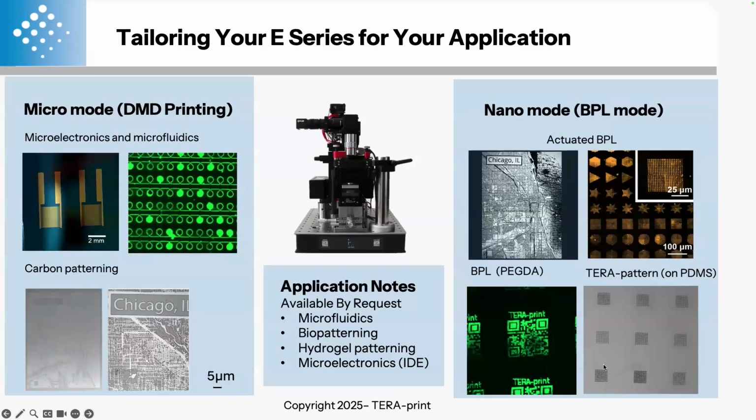For this image, I'm just showing you a general overview of all the patterns that this instrument is capable of creating. For macro mode, the DMD printing, it's for when you don't need very high resolution, say 1.25 micron to 5 micron or 10 micron as your feature size. You can create microelectronics and microfluidics.